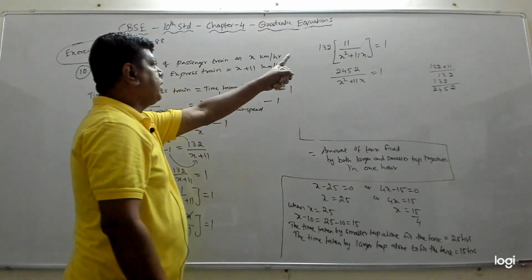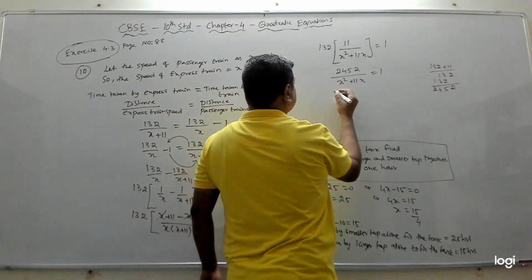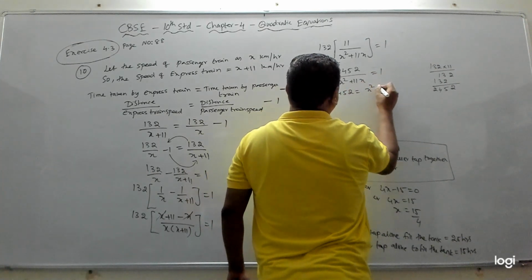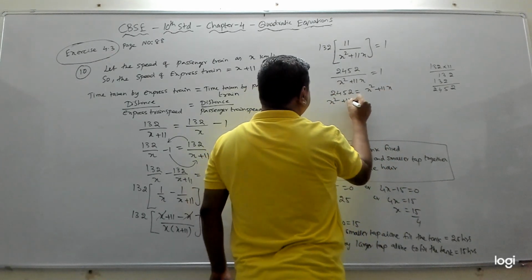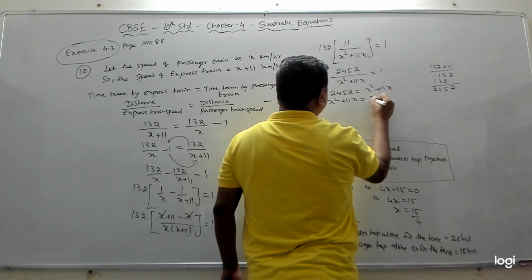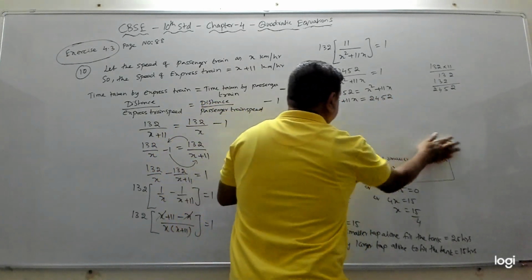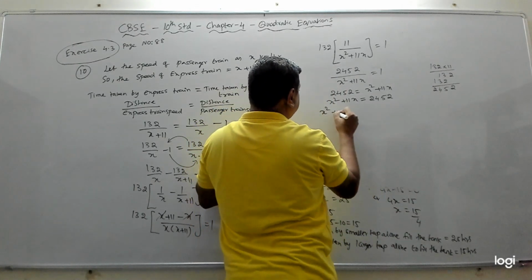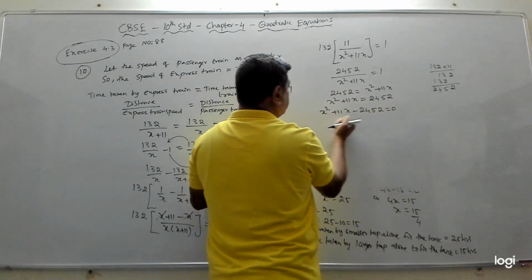I am multiplying 132 with 11. Now if you cross multiply, you will get 1452 equal to x square plus 11x. Now I will write x square plus 11x equal to 1452. So now this becomes x square plus 11x minus 1452 equal to 0.